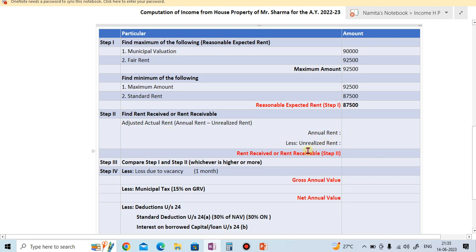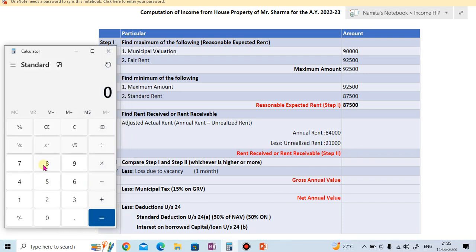Annual rent minus unrealized rent. 84,000 minus 21,000, we get 63,000.